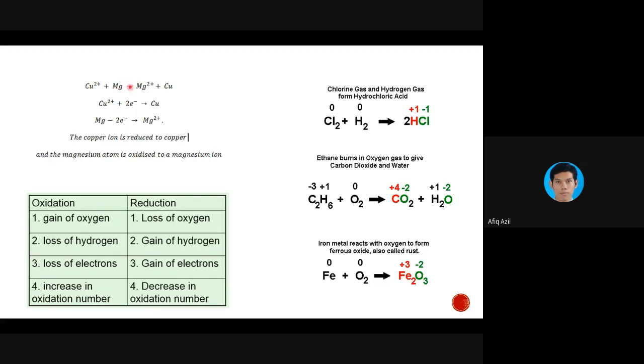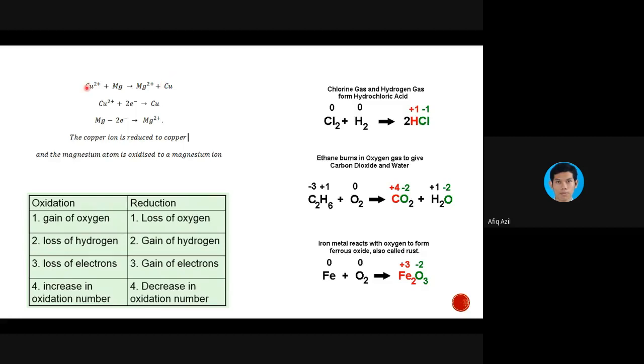It reacts somehow and then produces magnesium 2 plus ion and also copper metal without any charge. So from here, you can see that the copper 2 plus has an oxidation number going from 2 becoming 0. So when it is in the neutral state, it is considered to be 0.